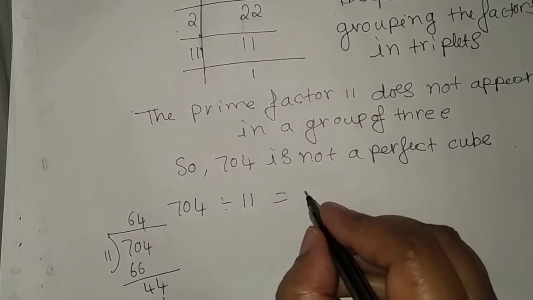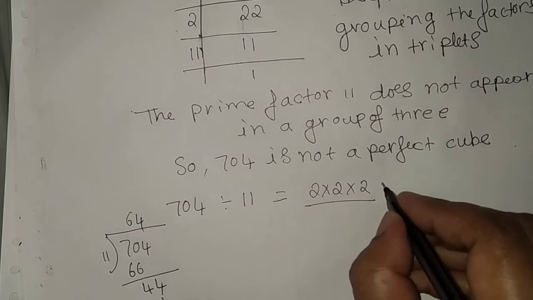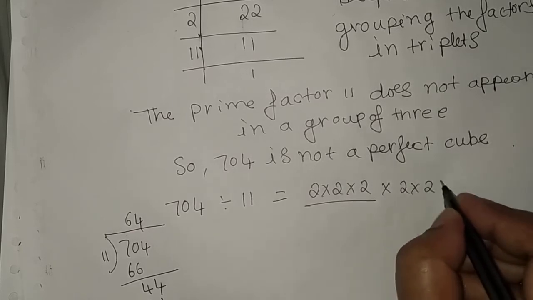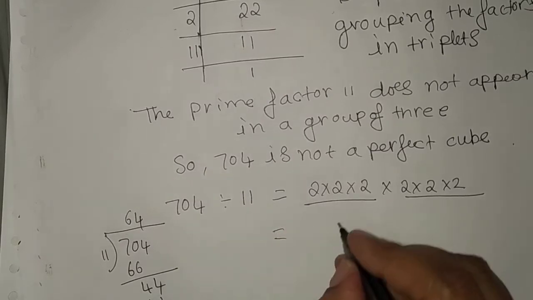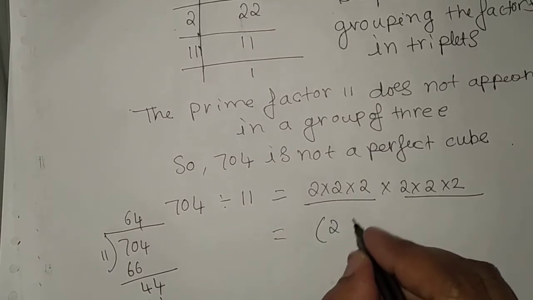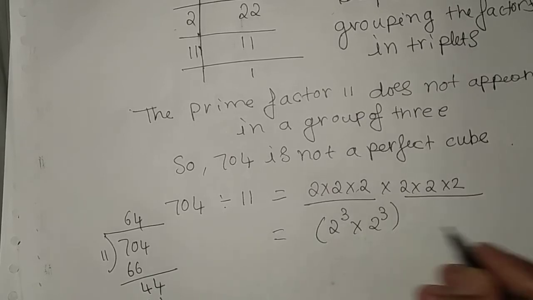So this is the answer. See, again write down the remaining 2 groups of triplets as it is. So 2 into 2 into 2 into 2 into 2 into 2, these triplets as it is. So by laws of exponents, we can write 2 cube into 2 cube.